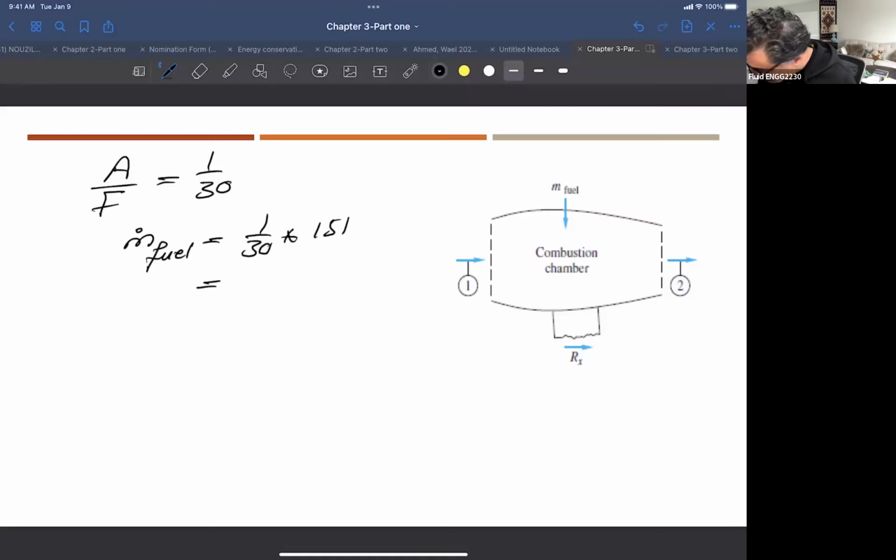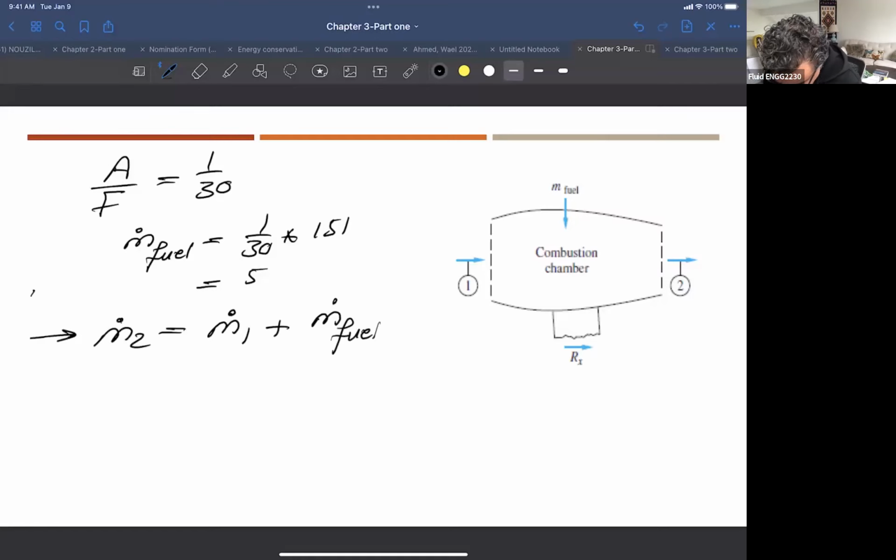M fuel here is 5 point something. So what will be the mass 2 here? Mass 2 will be M1 plus M of the fuel. This is basically the conservation of mass.